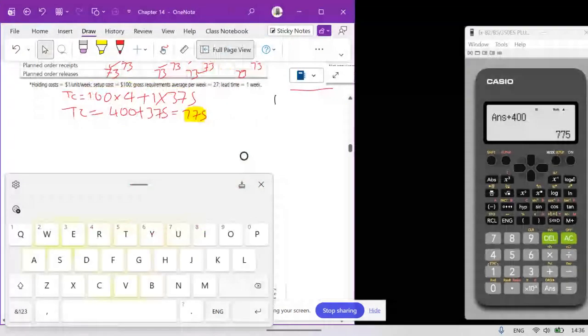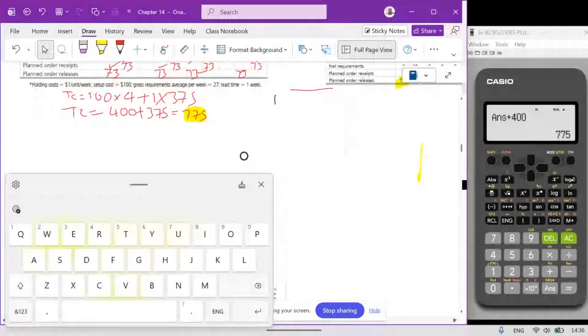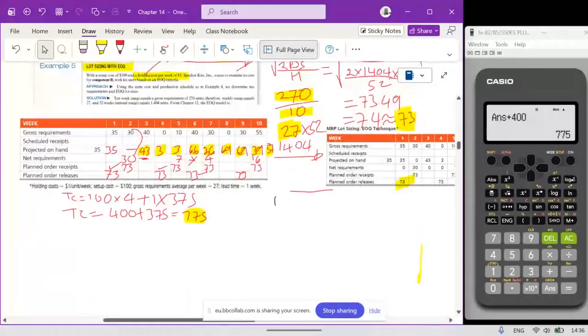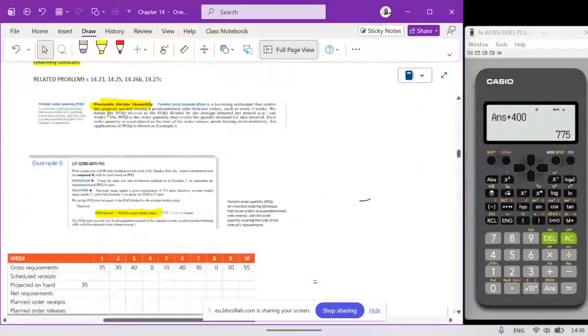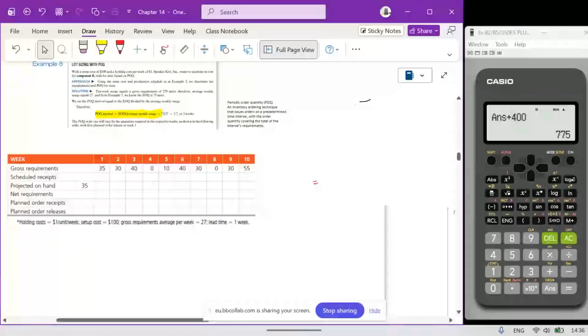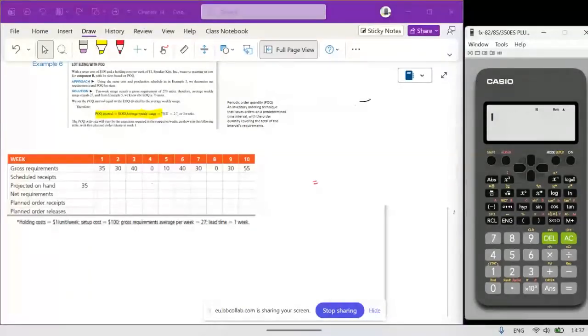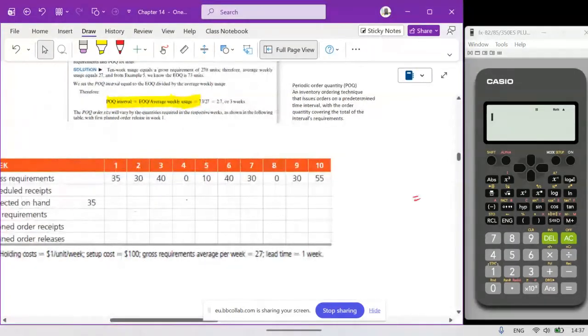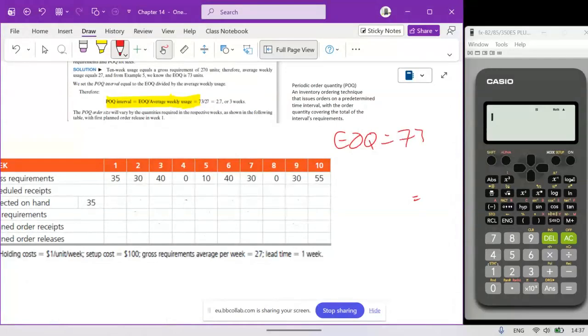Right, so now, as I was explaining, we can start again. We want to get to this formula here. So obviously we have EOQ, EOQ equals 73.